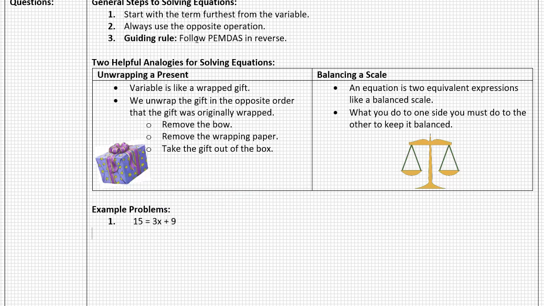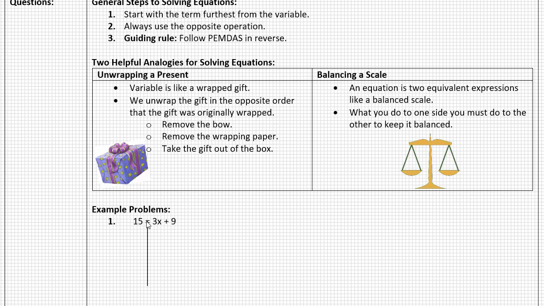So in this, we said that we always want to start with the term furthest from the variable. So we want to start here with the plus 9. And that is where we want to use the opposite operation as we try to unwrap this equation to figure out what this variable x, what the value is for that.